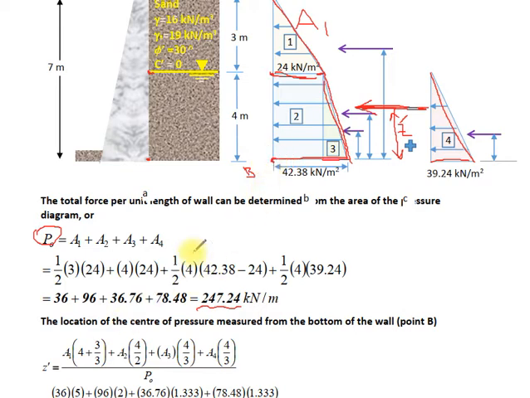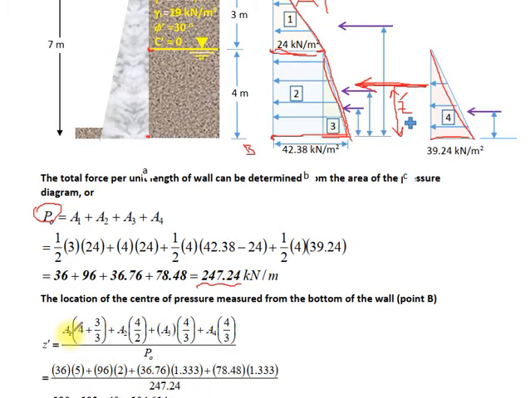To compute the location, therefore, Z dash will be the moment of all the forces about this point divided by the resultant. A1 is computed previously equal to 36 multiplied by the arm.